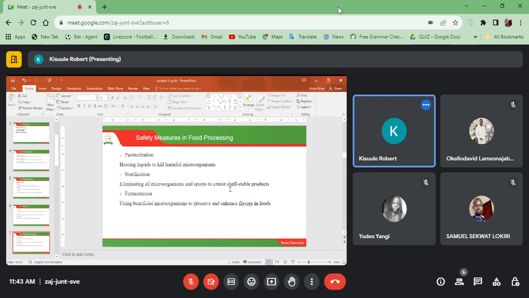Then nutrition considerations: we'll be looking at nutrient retention, nutrient enhancement, and challenges in food processing. Nutrient retention refers to preserving essential nutrients during food processing. How are you going to preserve these essential nutrients?